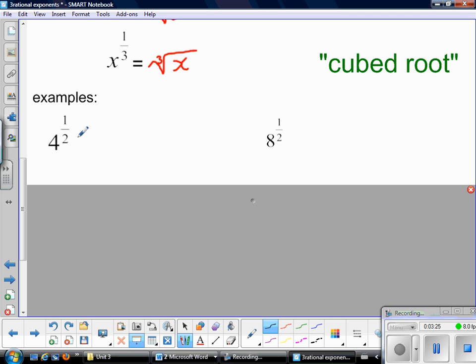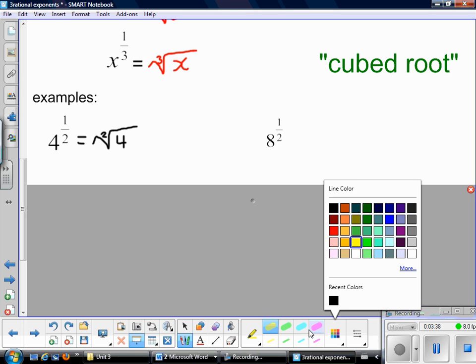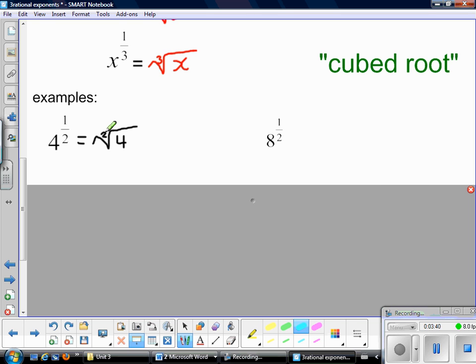But if I rewrite it in this new form, so I put the little 2 here in the root of 4, what that would mean is I need 2 items that are identical that multiply to get us the 4.